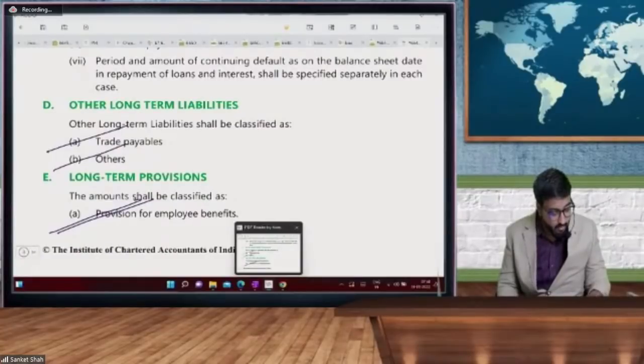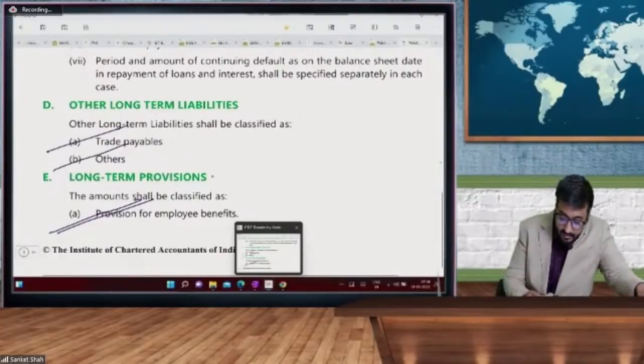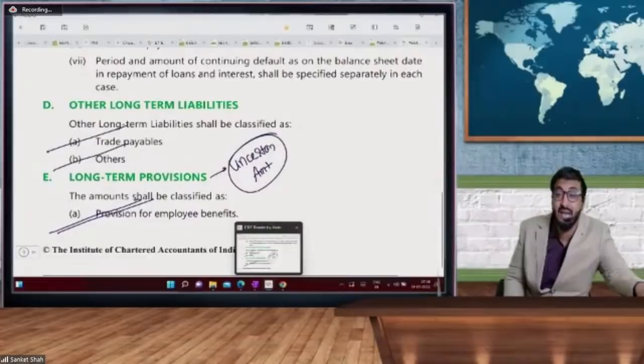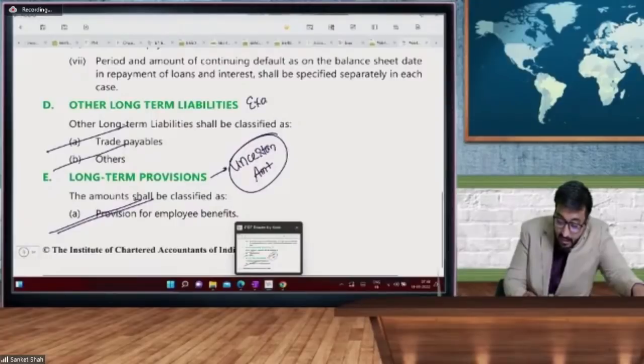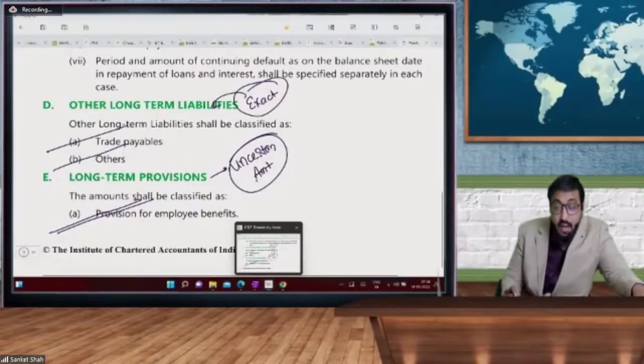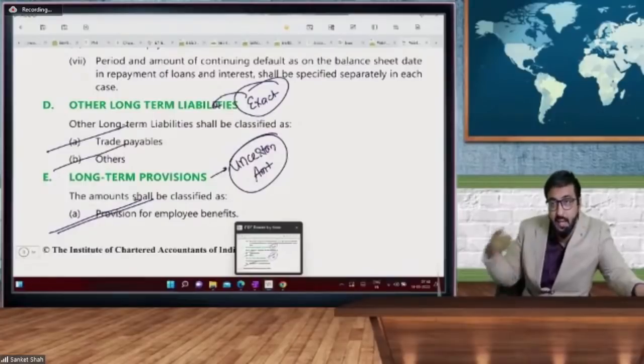Wow, Swati ji very good, Suvarnesh very good. Provision means it is an uncertain amount. You don't know exactly. There is a liability, but you are not sure what the exact amount is. And liability means there is an exact amount. So if you are aware of the exact amount, in that case it is a liability. What I'm going to pay, I know exactly that I'm going to pay this amount.